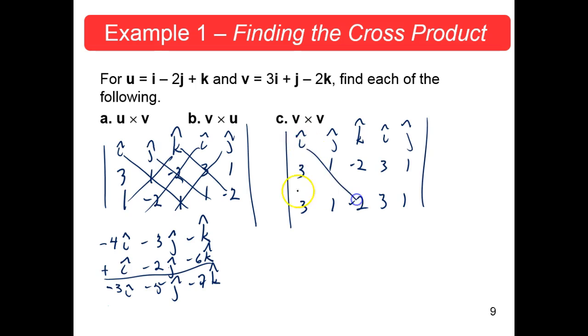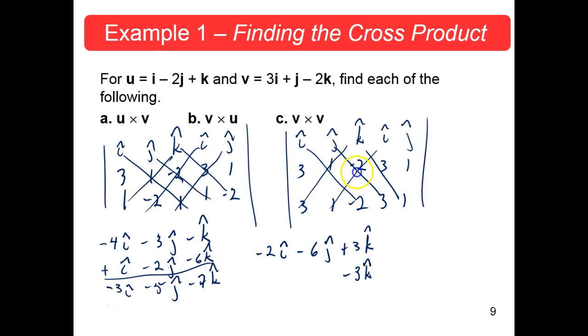Okay? Down diagonals are positive, but that happens to be a negative, so the positive and negative is negative. So that would be a minus 2i, minus 6j, plus 3k. All right, now let's do the up diagonals, and this will be 3 times 1 is 3, but it's going up, so it's a minus 3k.